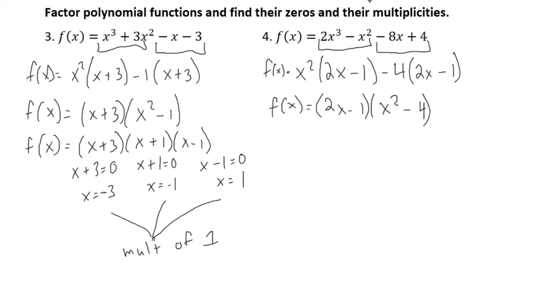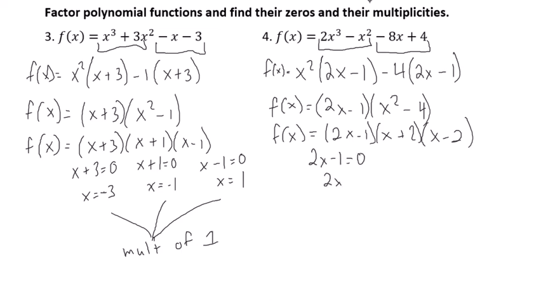And again, that's difference of squares again. Very common. 2x minus 1 and x plus 2, x minus 2. And as you see, all of these will have a multiplicity of 1. Set each factor equal to 0 using the zero factor rule.